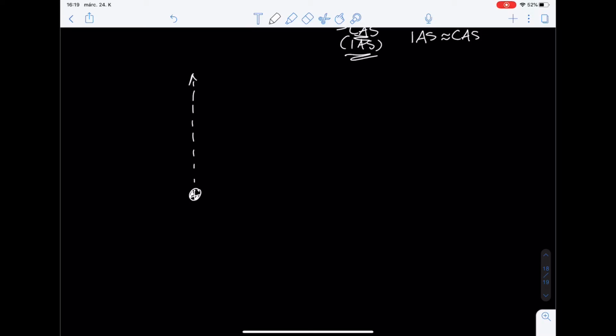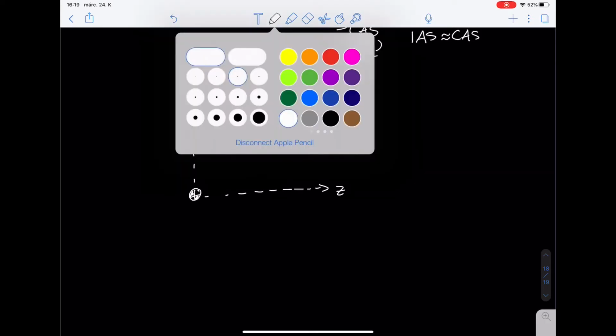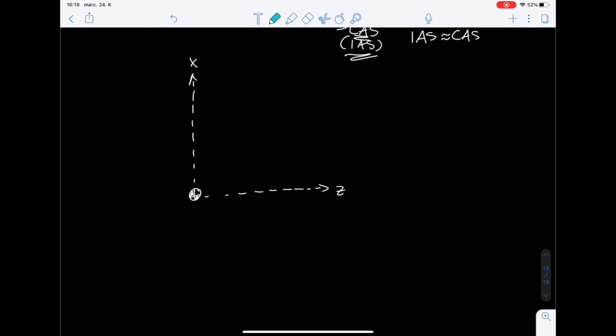So you have the longitudinal axis, the lateral axis, and a nice little airplane right here, just so that we understand what we're talking about. A nice little cockpit window, so we see in which direction it's going.